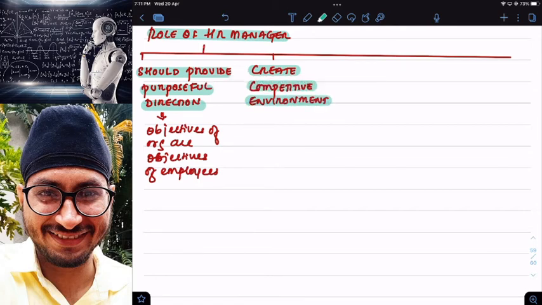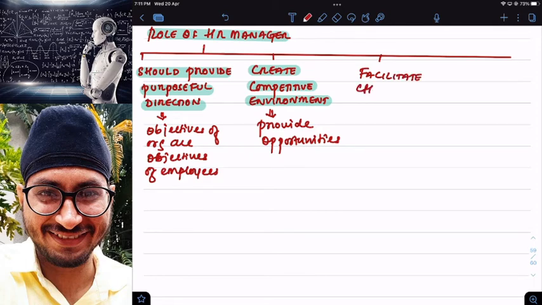What do we mean by competitive environment? Provide opportunities. If I don't provide opportunities, how will competition happen in the organization? How will employees give their best? And then facilitate change.